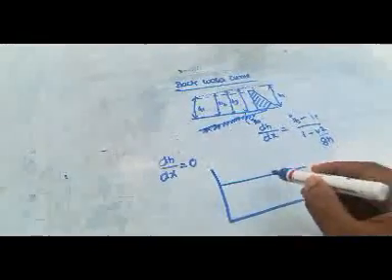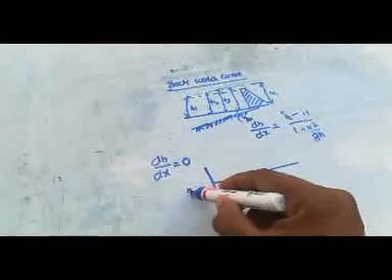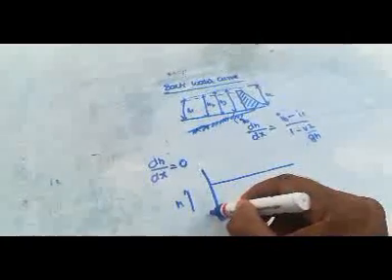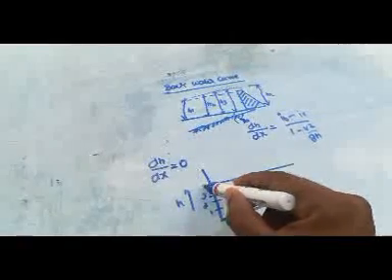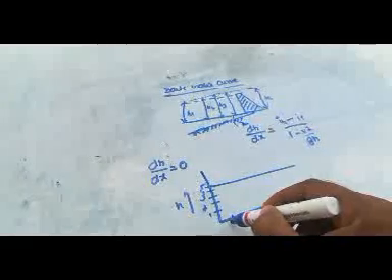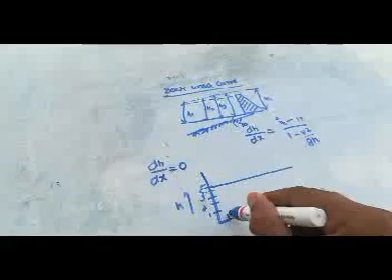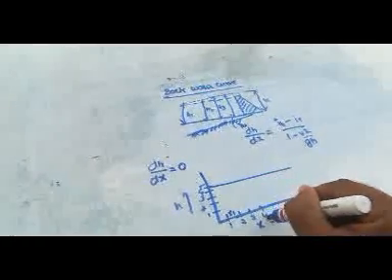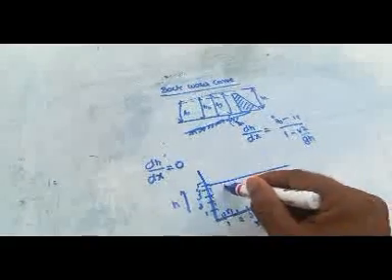For example, this is the x distance graph, and this is the y distance, h distance. This is h, and we can write this is 1, 2, 3, 4, 5. Here x1, x2, x3, 1, 2, 3, 4, 5, 6.